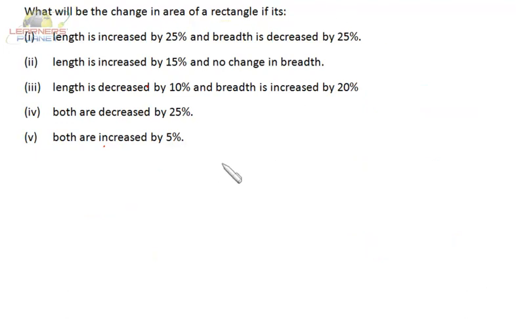First of all, let's take the very simple case of area of a rectangle. Now what is area of a rectangle? Area A is equal to length into breadth. Friends, initially we must assume the variables to be 10. Doesn't matter that it is a rectangle and length and breadth must be different, since in the calculation of percentage change, it doesn't make any difference.